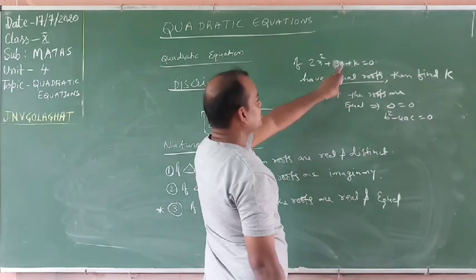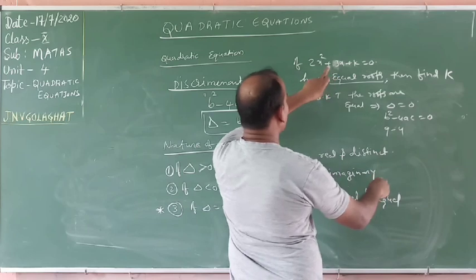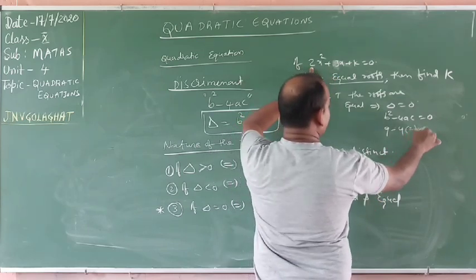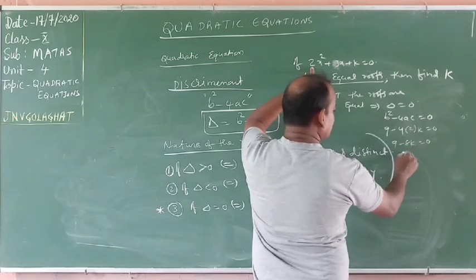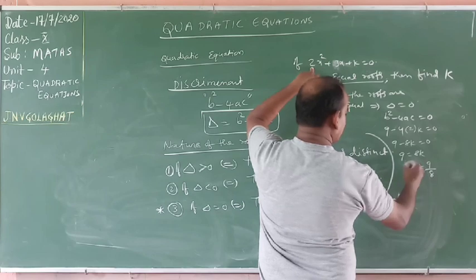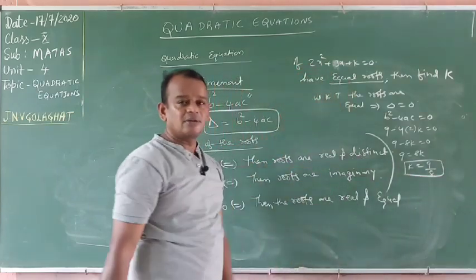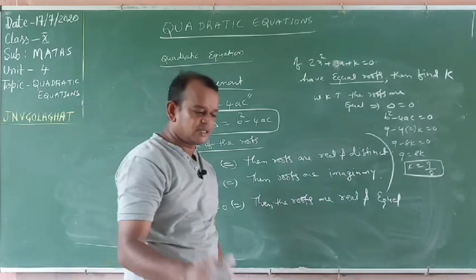B square, x coefficient is 3, so 3 square is 9, minus 4 into a value 2, c value k. 9 minus 8k is equal to 0. 9 is equal to 8k. K is equal to 9 by 8. Understand or not? 100%.